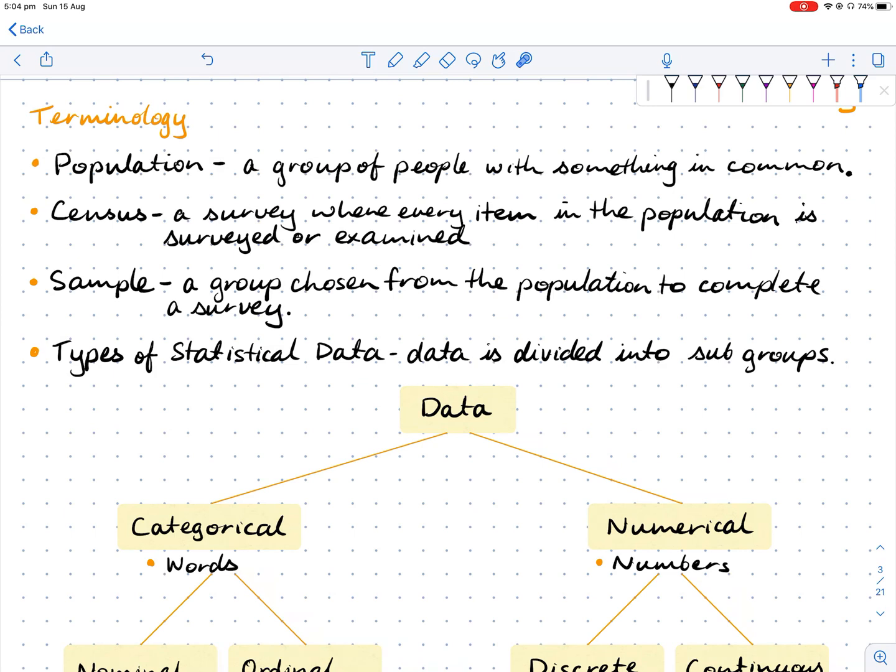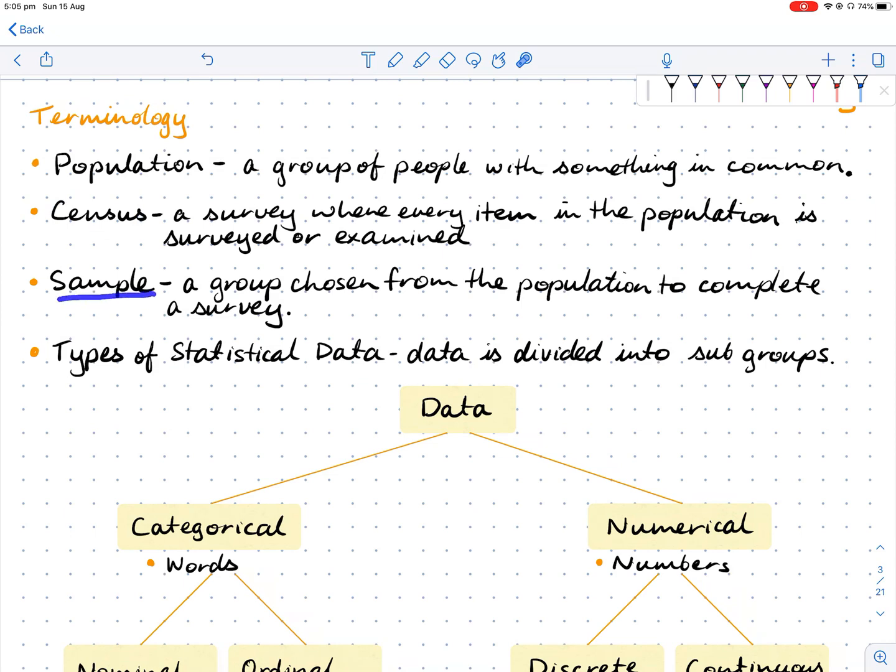When we do things like school captain votes, we get all of year 12 to vote for it, so that would also be a census. So every single year 12 student had a vote in who would become our college captain. And so that would be another example of a census.